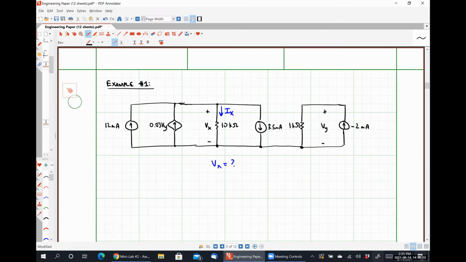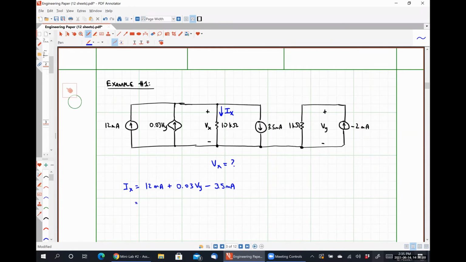What I mean by that is that Ix is going to be 12 milliamps plus 0.03 Vy minus 3.5 milliamps, right? So the current sources with their directions up are added together, and the current source having a direction down is subtracted.